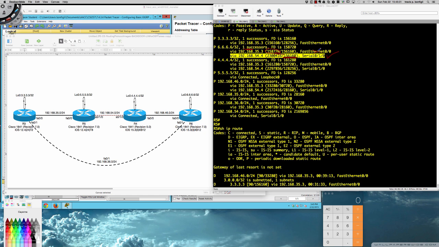And so when FastEthernet 0/0 goes down, when we do a show ip route, we're going to see this route, and it's going to show us that this is the feasible distance for the route.